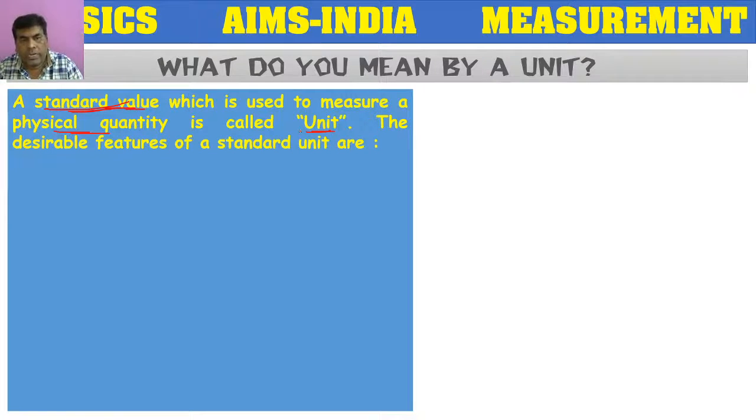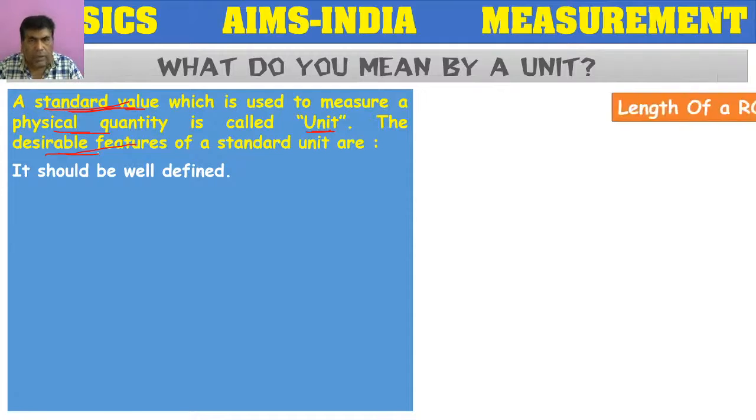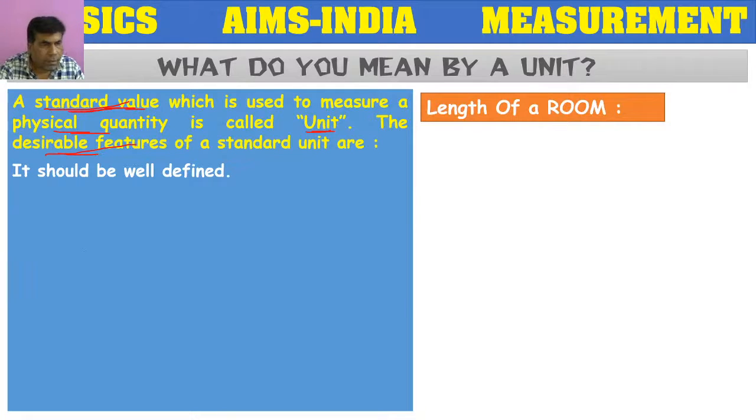So the unit should not change based on the conditions of that place. That's why, for making it a standard value, it has to follow some desirable features. What are they? It should be well defined. The first quality is that it should be well defined.